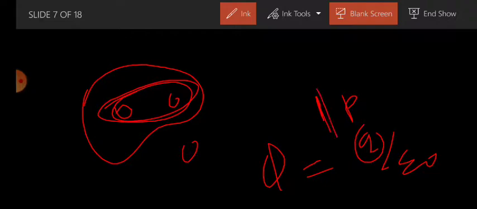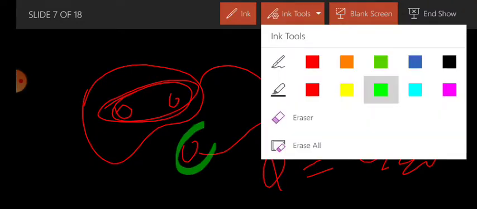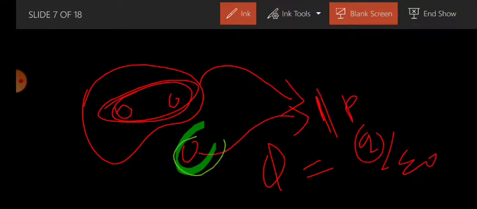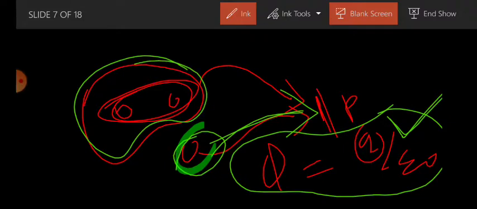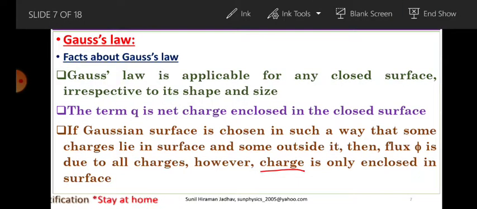But at this point P, the flux is not only due to this system, it is due to this charge also, which remains outside here. This charge will also contribute to the flux. But if you are writing the equation according to Gauss law, then this Q should be considered only as the charge enclosed in the Gaussian surface. First of all you have to understand that. That is the meaning of that statement.